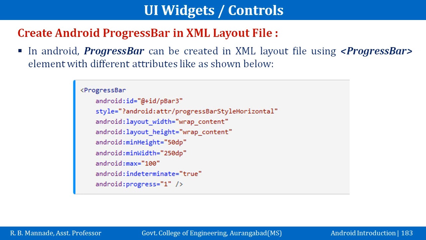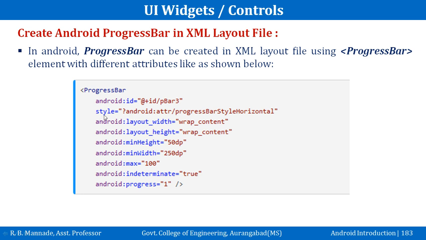So as shown in this particular code snippet, this is a ProgressBar element or ProgressBar tag. This is the start of the tag and this is the end of the tag, and there are some certain attributes. For example, its ID is set to pbar3, it means progress bar 3. And as I said earlier, style property is set to the horizontal progress bar.